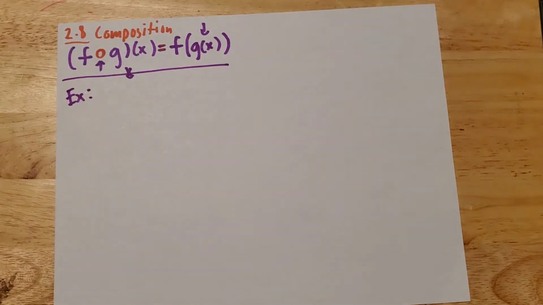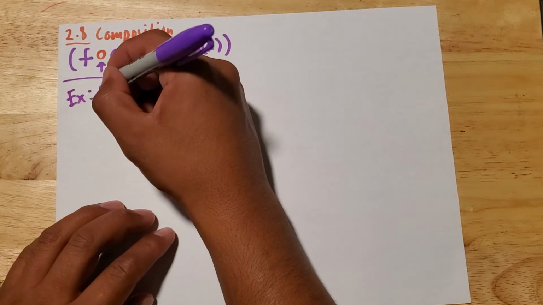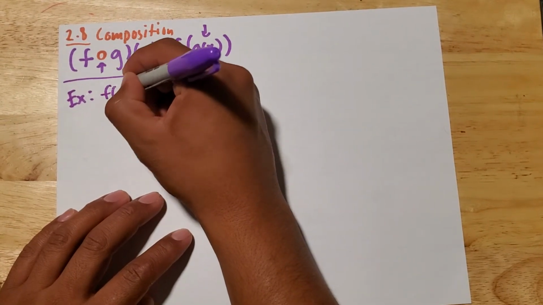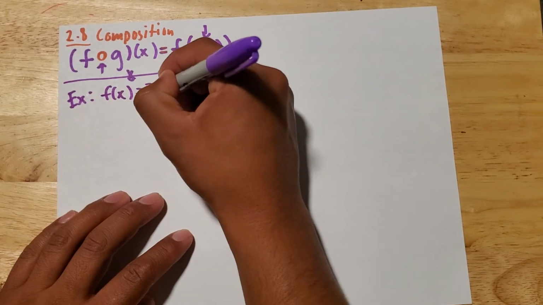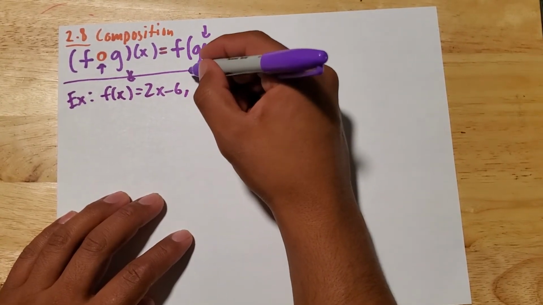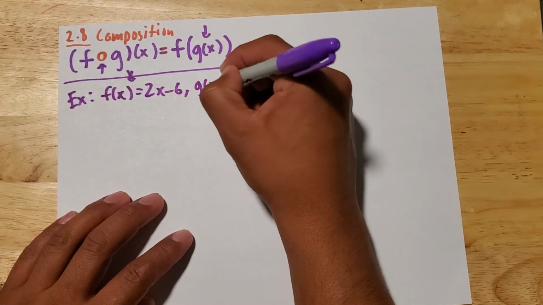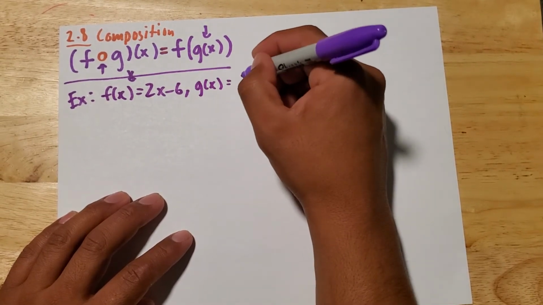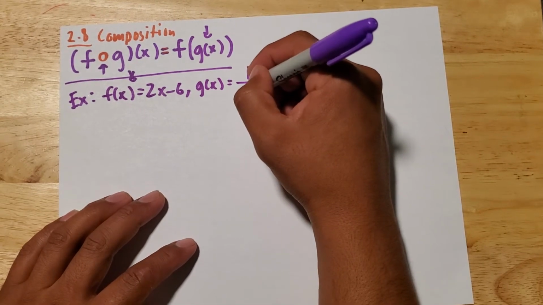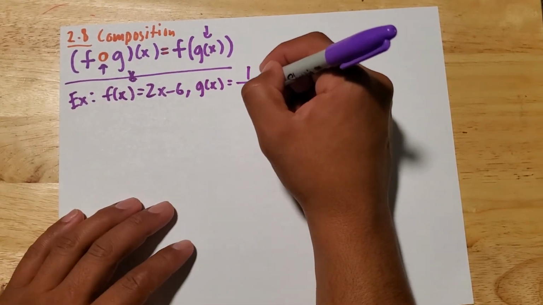And just like the last time, I'm going to write a few different functions. So let's say we have f of x is equal to 2x minus 6. And then we have g of x is equal to 1 over x plus 4.